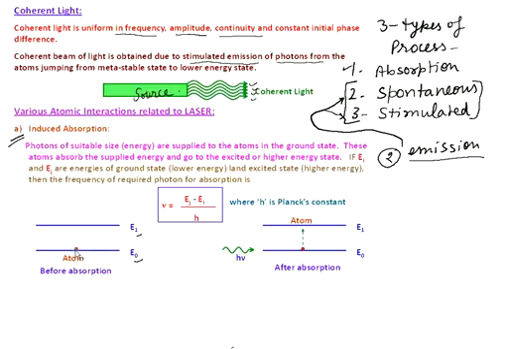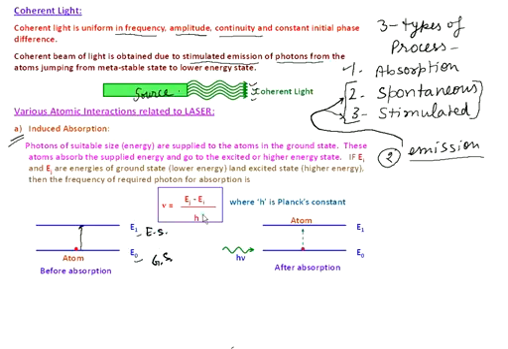After absorbing this photon, this atom goes into the excited state, defined here as E1. The ground state is defined by E0. This is the excited state.